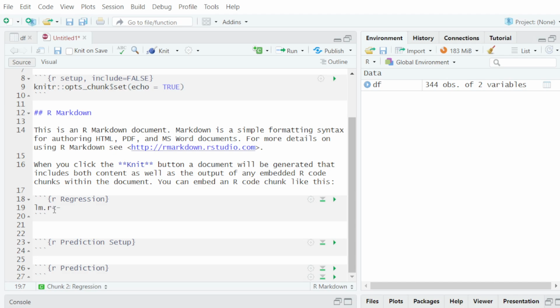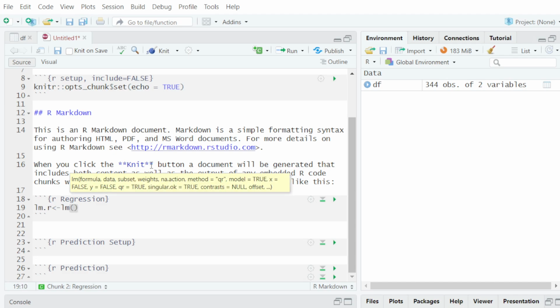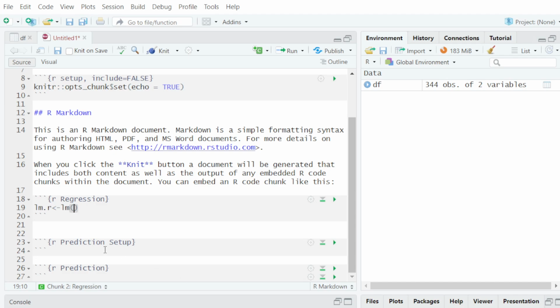All right, so then what is important is what falls on the other side of the assignment operator, and that is the LM function. So the LM runs a linear model. In order to make this, I'm going to have to set a few of the options. The first thing we need to do is have the formula.